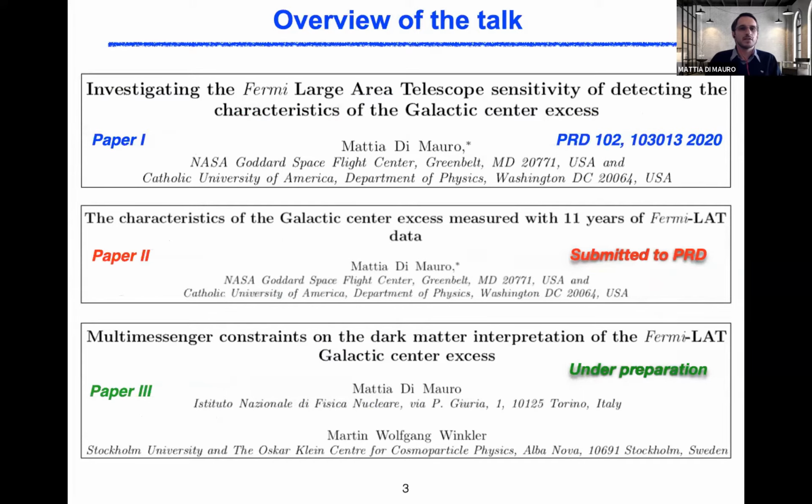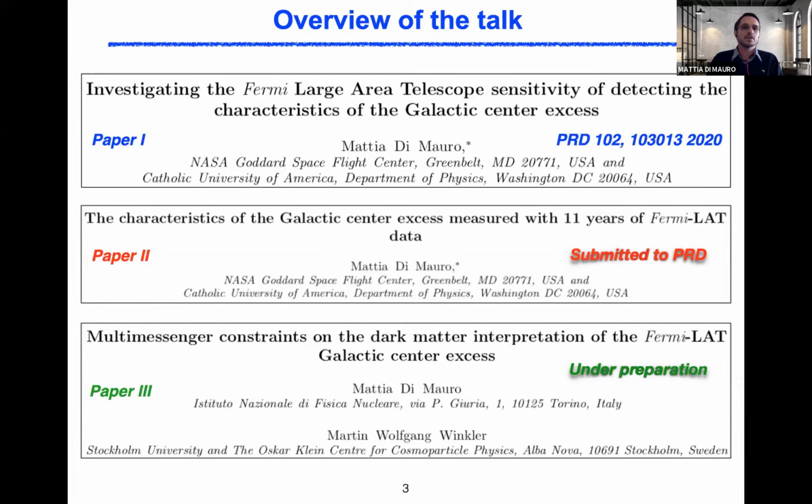So the overview of my talk is presented in this slide. I will present 3 papers: one that has been recently accepted, one submitted, and one under preparation. These 3 papers basically cover the overview of the talk. In the first part, I will talk about the simulations we use to investigate the sensitivity of the LAT for detecting the characteristics of the galactic center excess.